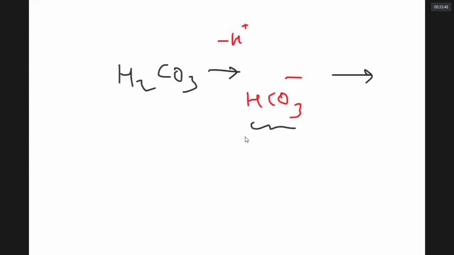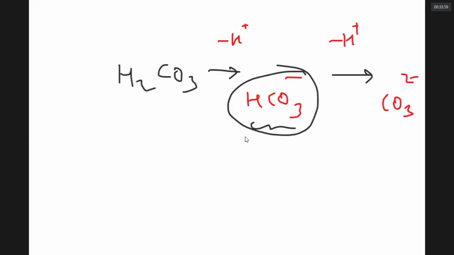Bicarbonate ion can again lose one more H plus and can give you carbonate ion. Now there is a question. If I take bicarbonate ion, what is its conjugate acid? To get the conjugate acid, you add H plus.